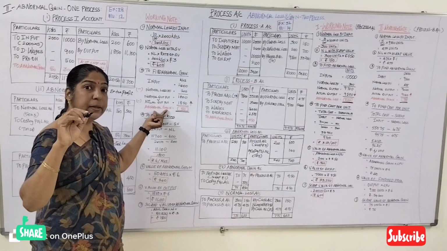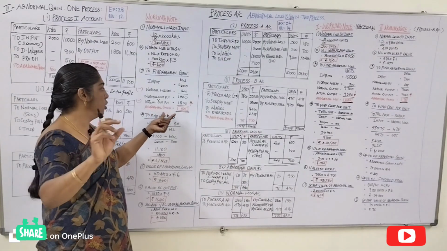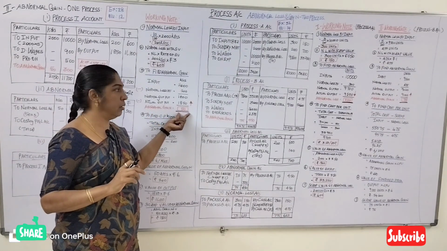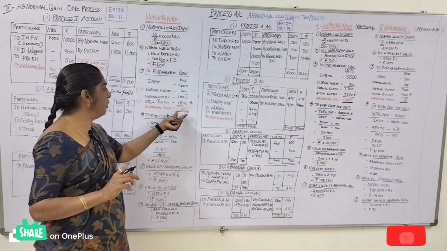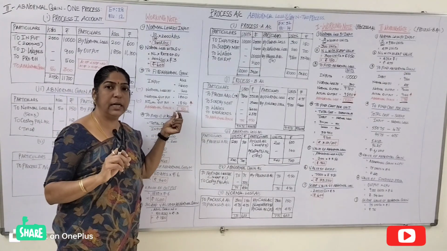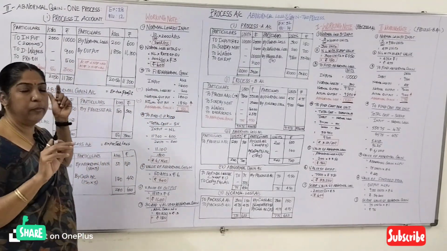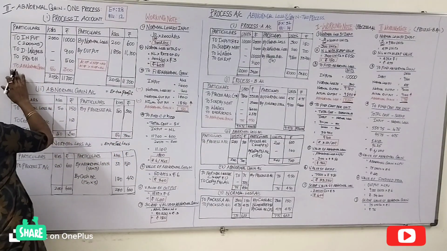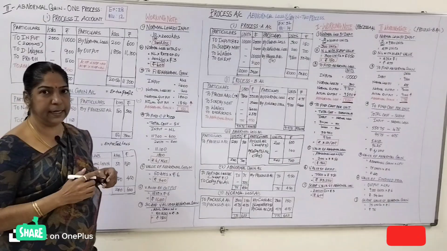Actual output is greater than the normal output, so it is called abnormal gain. The difference between 1850 and 1800 is 50 kgs, and that 50 kgs we denote as abnormal gain. So we got the abnormal gain from this calculation. Where do you enter that 50 kgs? You enter it on the debtor side. As per the format, abnormal gain appears on the debtor side, so on the debtor side you write abnormal gain 50 kgs.